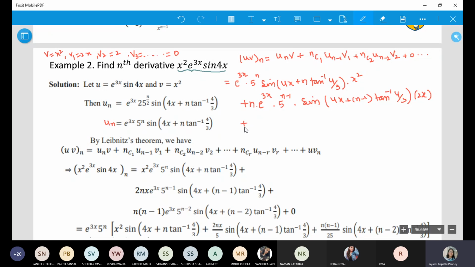Now there will be a third term. Third term is nC2, so n(n minus 1) by 2, e to the power 3x, 5 to the power n minus 2, sine(4x plus (n minus 2) tan inverse 4 by 3) into 2.